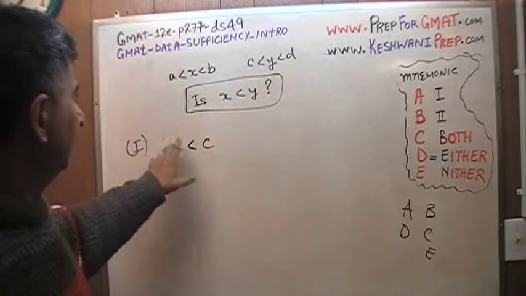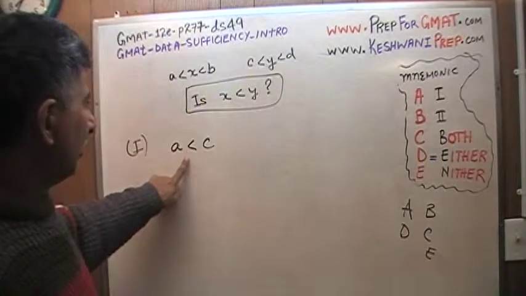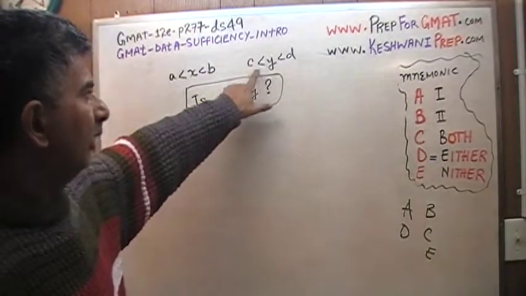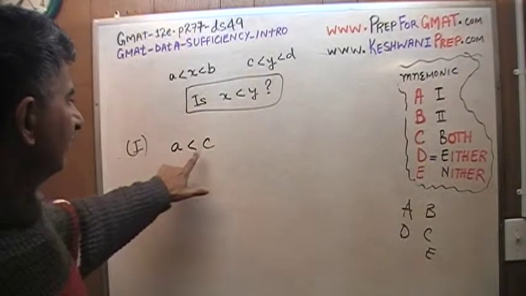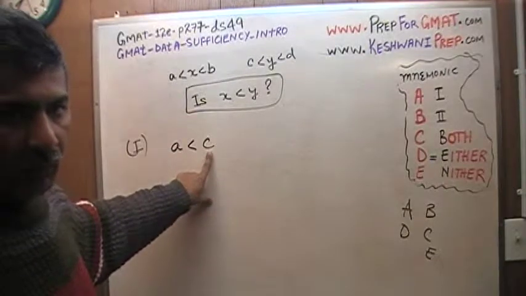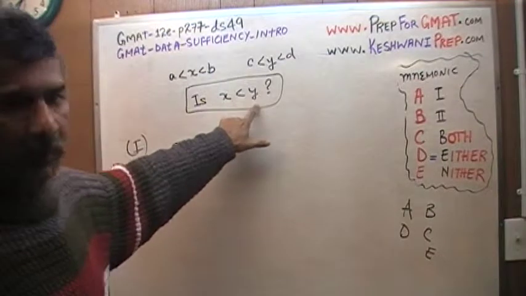It tells us that A, which is the lower limit on x, is smaller than C, which is the lower limit on y. Knowing that the lower limit on x is smaller than the lower limit on y does not tell us whether x itself is less than y.